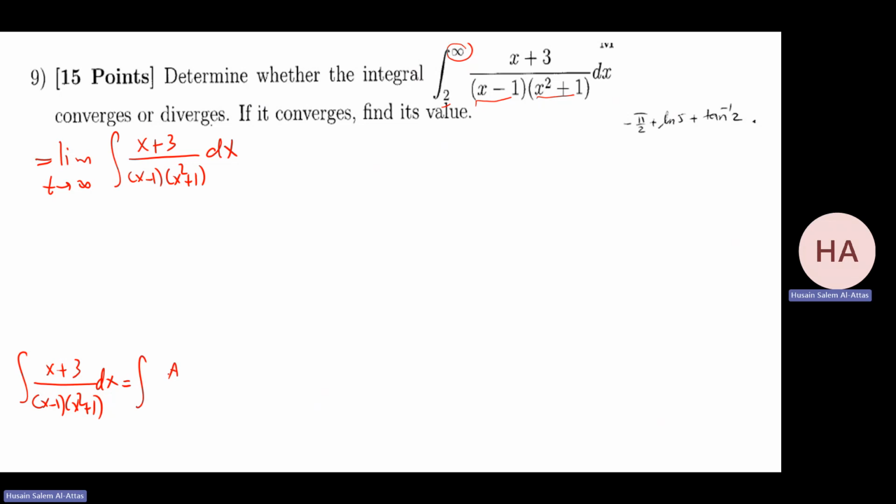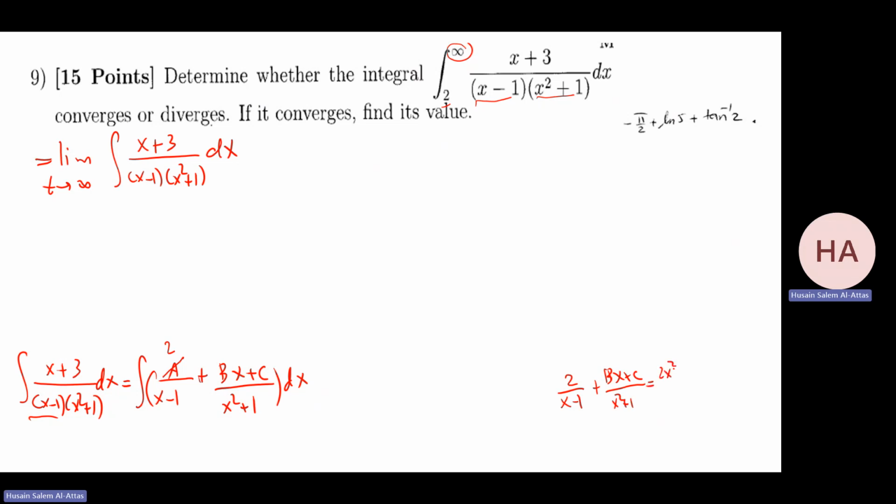That will be A over x minus 1 plus Bx plus C over x squared plus 1, dx. Cover method for this: with 1, I have 4 over 2. That will be 2. Now I need to find B and C. Yeah. So I have 2 over x minus 1 plus Bx plus C over x squared plus 1.